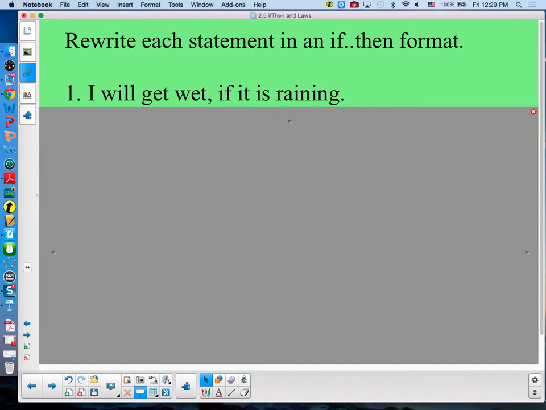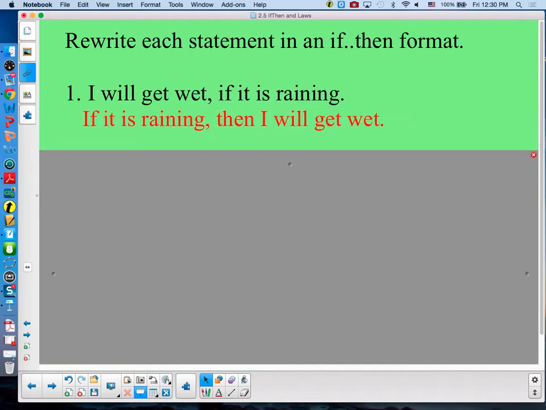How would you write that sentence so it means the same thing, but has the words if and then? If it is raining, then I will get wet. Right. So it's easy then to pick out hypothesis and conclusion.